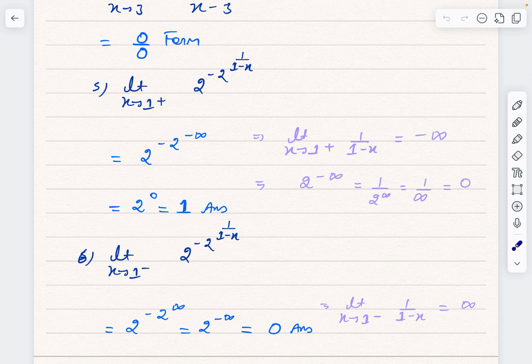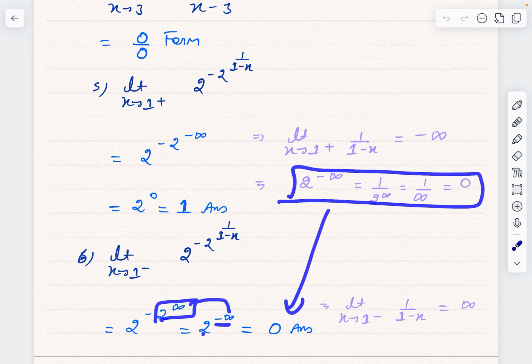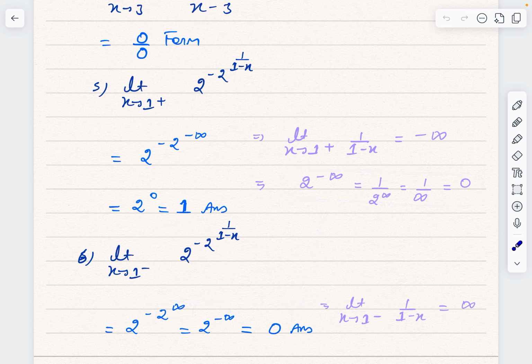Now we have 1 negative. If x is slightly less than 1, the value of 1 minus x here will be 0 positive. 1 by 0 positive will be infinity. So we get 2 power minus of 2 power infinity. 2 power infinity will be infinity. So you get 2 power minus infinity, which we found out was 0. So the answer here will be 0.